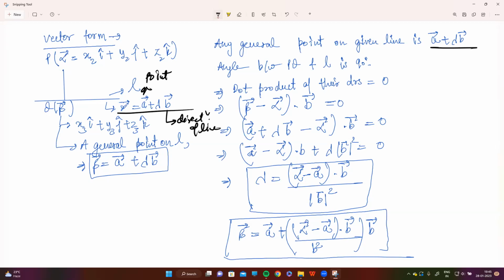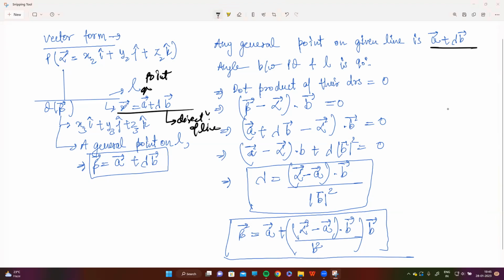So the line's DR and PQ's DR must have a dot product equal to 0. Now this beta we have already written as a plus lambda b, so (a + λb − alpha bar) dot b equals 0.